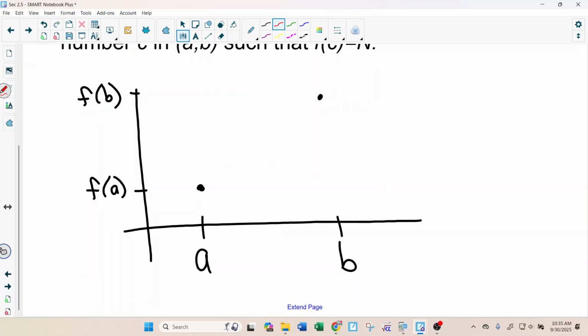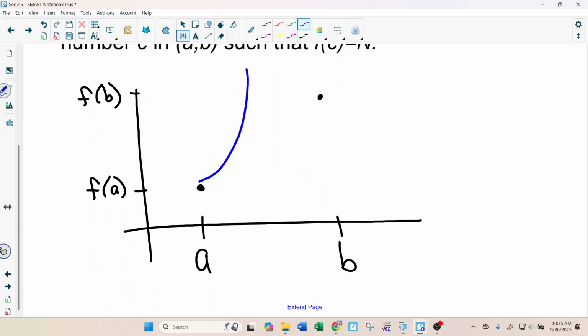F of a could be up here and f of b could be down there. It doesn't matter, they're just some points. It just says they can't be equal. This says we know this is continuous, which means if I start my pencil here, what do I have to be able to do to get to b? I have to be able to draw it without lifting my pencil. Nothing crazy is going on.